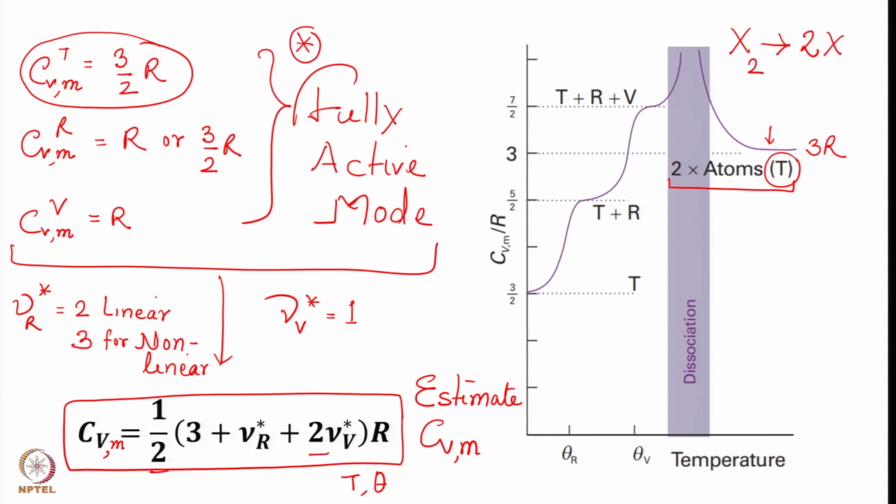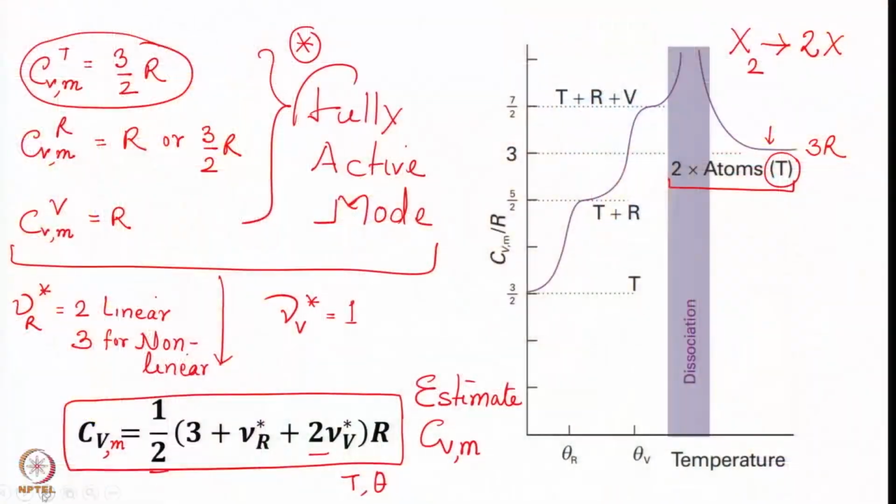explains how constant volume heat capacity changes as a function of temperature for a system which is more than a monatomic system. The expression which is mentioned over here, as I mentioned, can be approximately used to estimate the value of CVM. That means we have to know whether the rotational modes are fully active or not active, and whether the vibrational modes are fully active or not active.